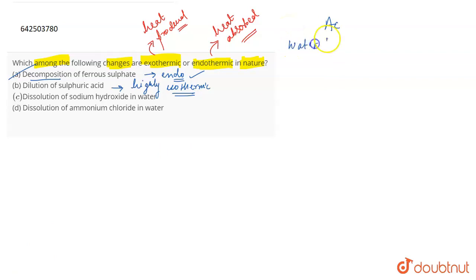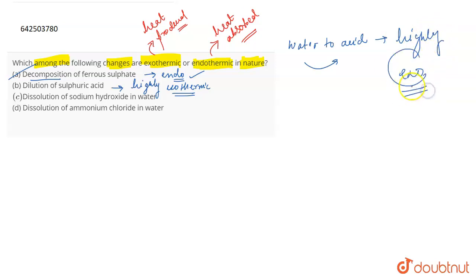Diluting sulfuric acid means adding water to acid, and adding water to acid is a highly exothermic reaction. A large amount of heat is produced in this reaction. That is why it is always recommended to add acid to water and not water to acid. That is why dilution of sulfuric acid is an exothermic reaction.